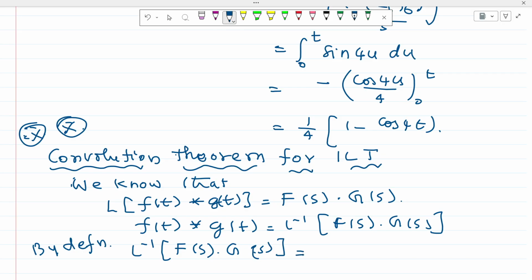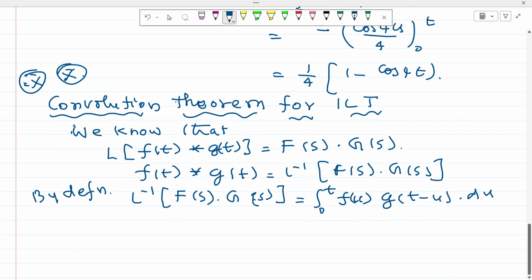What is the definition of convolution? F(t) star G(t) equals the integration from 0 to t of F(u) into G(t minus u) du. Okay, fine. This formula is important. L inverse of F(s)·G(s) equals integral from 0 to t of F(u) G(t minus u) du.